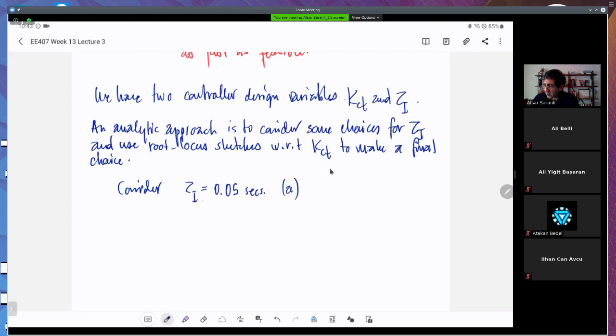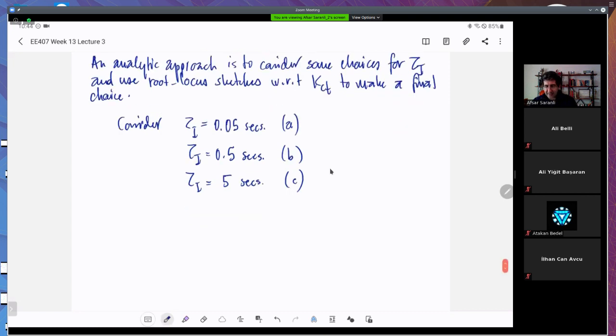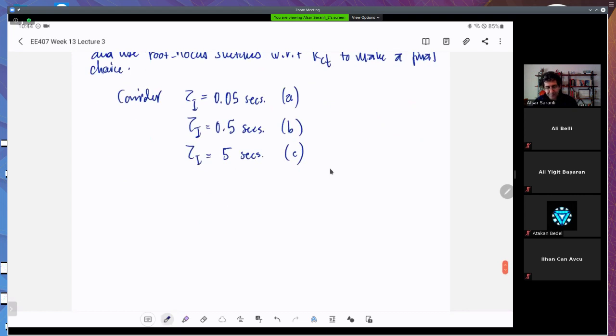Let this be our first try, and then tau I equal to 0.5 seconds, and tau I to be 5 seconds. So an order of magnitude different choices, and that's going to give us obviously very different root locuses for the remaining gain variable. Okay.